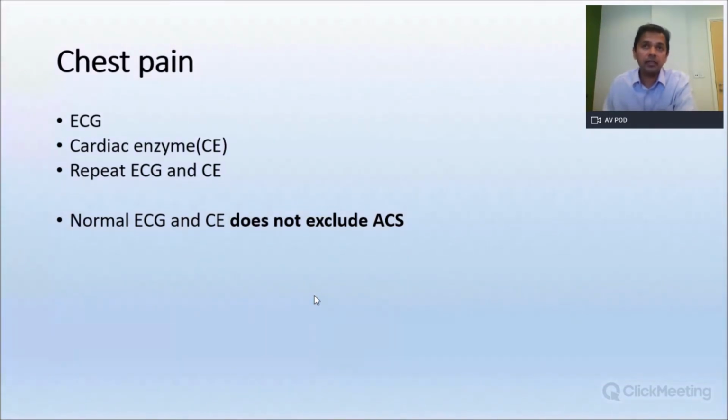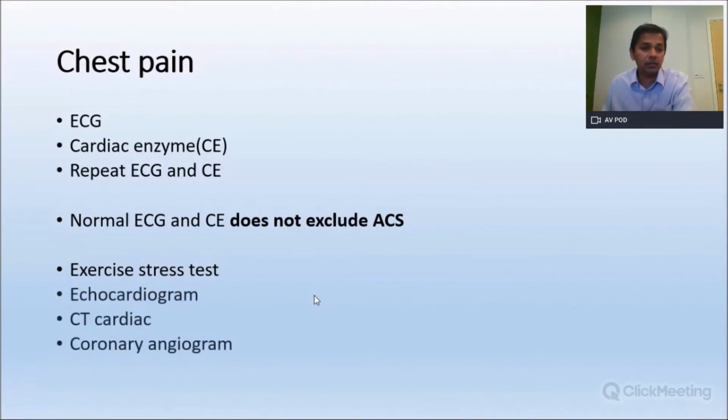Ideally, a patient who comes with chest pain should be admitted and monitored, because they can have recurrent chest pain or the enzymes can be raised after 6 hours. If the ECG and cardiac enzymes are normal, we should not stop there. We should do further investigation: either an exercise stress test, a CT cardiac, or a coronary angiogram if indicated.